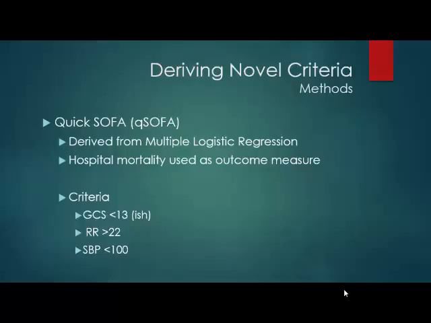The Q-SOFA basically looked at the patients that had a large amount of mortality and said, of all of these criteria, what are the top 3 that lead to the highest mortality? Those criteria were determined to be a GCS less than 13, and I put 13-ish because they didn't really have a way to determine if their GCS was less than 13. It was any altered mental status, so technically it was probably a GCS less than 15. Then tachypnea, and systolic blood pressure less than 100.